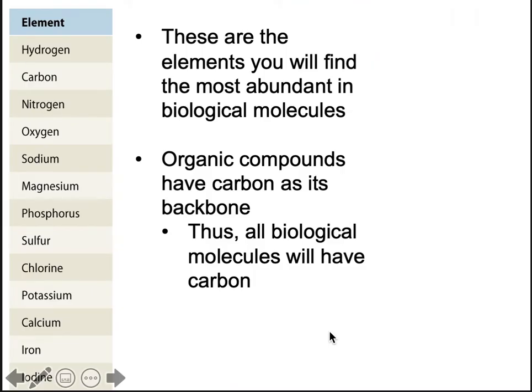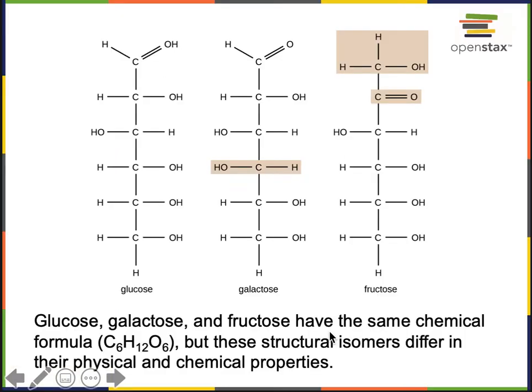Okay, what else? Yeah. So another thing to remind you about is that you can have the same chemical formula for sugar, C6H12O6, but have different three-dimensional structures, as we see here.